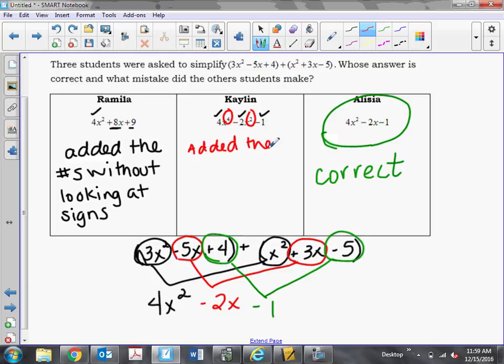She added the degrees together. And you cannot add degrees together. If it is a like term, the actual variable and the degree of the variable does not change. Only the coefficient does, or only the number in front does. But what she did on accident was she accidentally added those degrees together when you really should not.